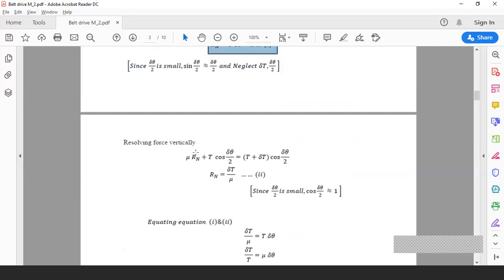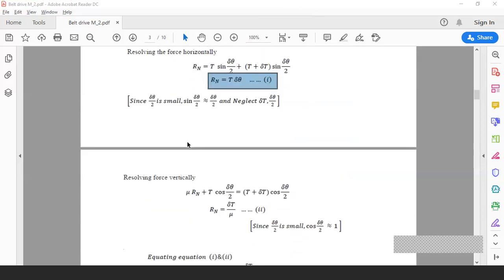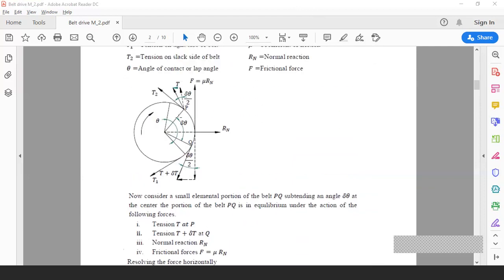So resolving the forces in the vertical direction, what we get here? How many vertical forces are there? Just see here, mu into Rn, that is F, is one vertical force. Another vertical force is the resultant component of T plus delta T acting downward, that is T plus delta T into cos of delta theta by 2.